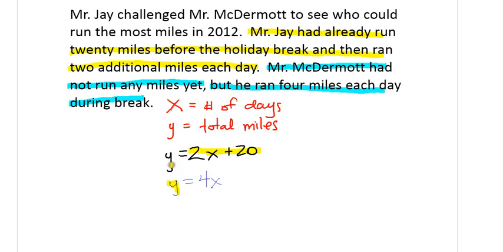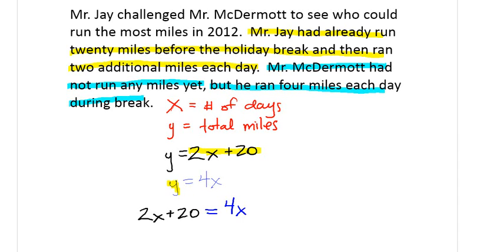So if y is equal to 2x plus 20, I'm going to take that y out and put what it's equal to. So I'm going to rewrite this equation so that I have 2x plus 20, that's what y is equal to, is equal to 4x.